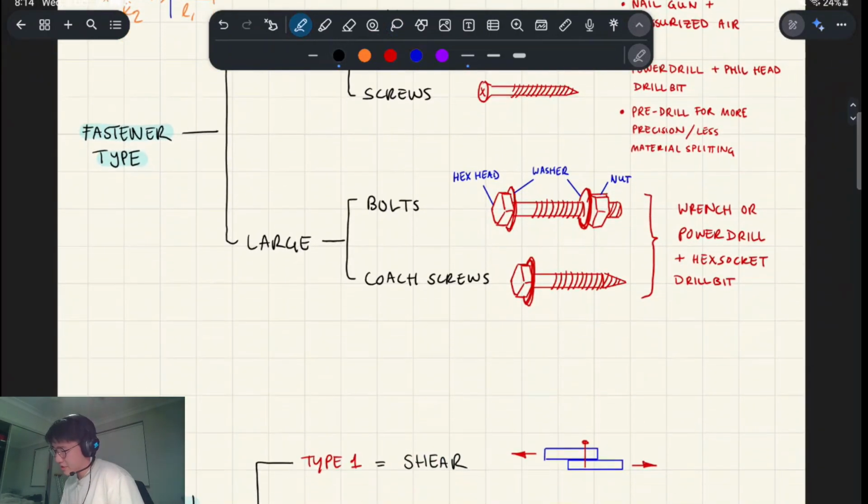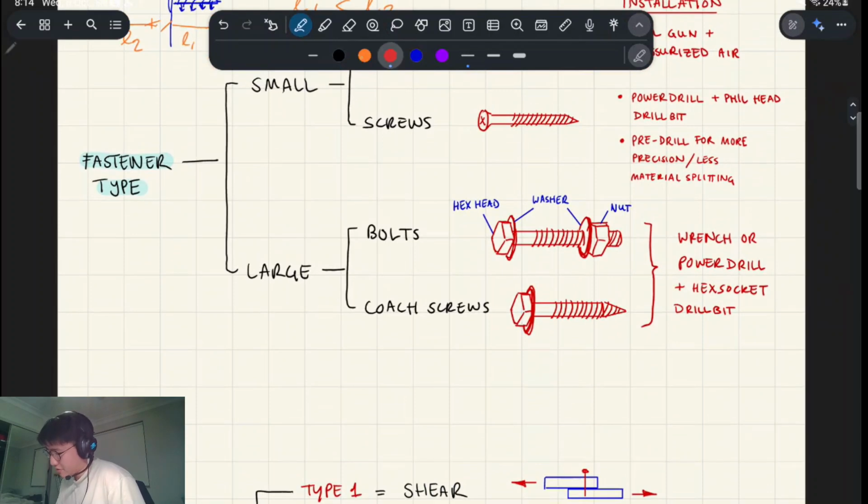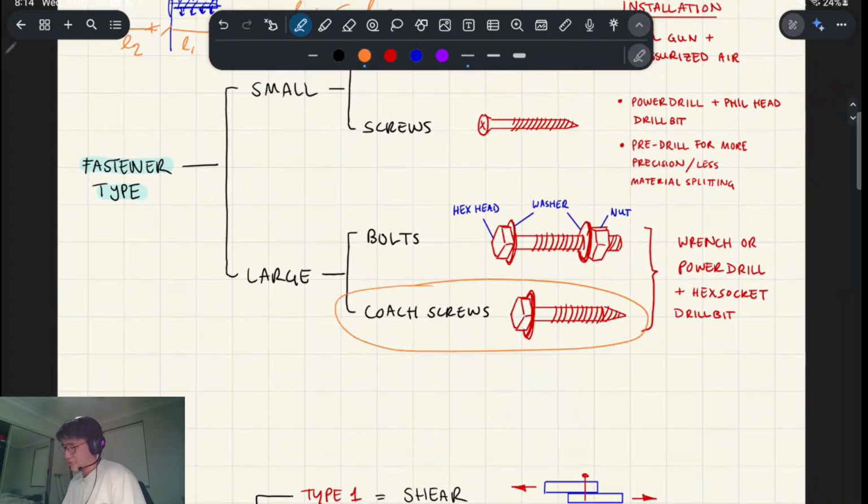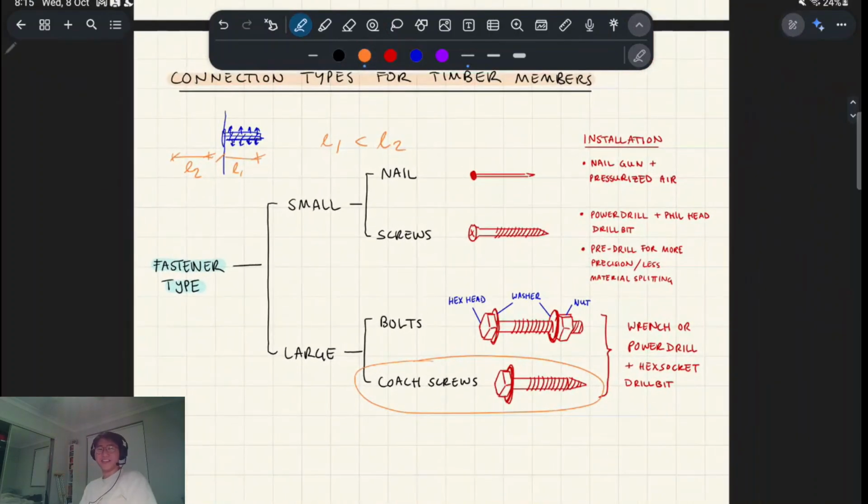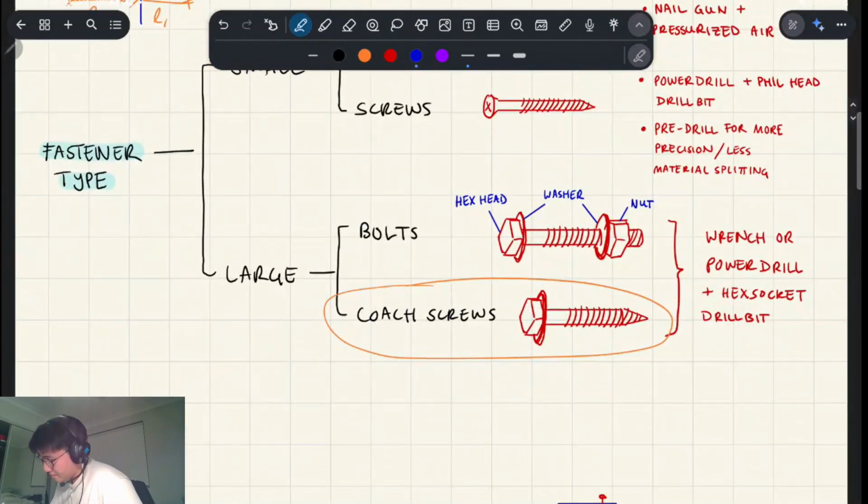And then we have bolts and coach screws. I'm going to talk about coach screws first, because coach screws are essentially just big screws. You need a hex socket drill bit and a power drill to drive this one in.